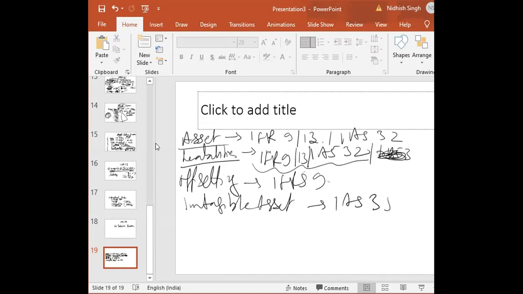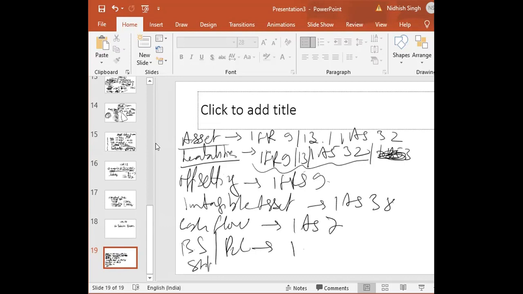IAS 38. Then we have the cash flow statement, specifically following IAS 7. Balance sheet, P&L, all these statements of changes need to follow IAS 1. Then we need to apply IAS 19 for the defined benefit, and derivative assets and liabilities need to be considered.